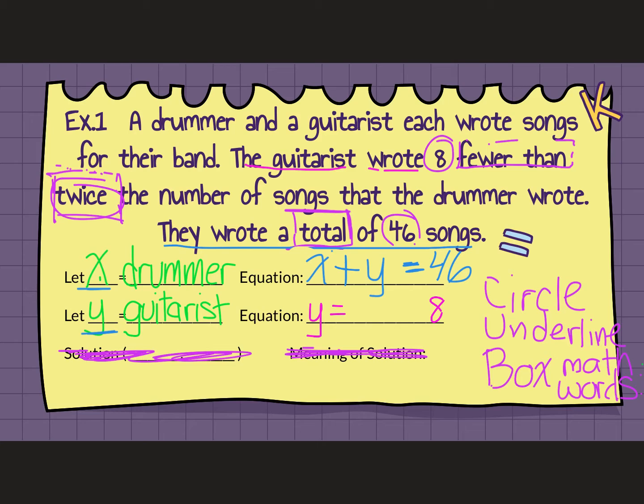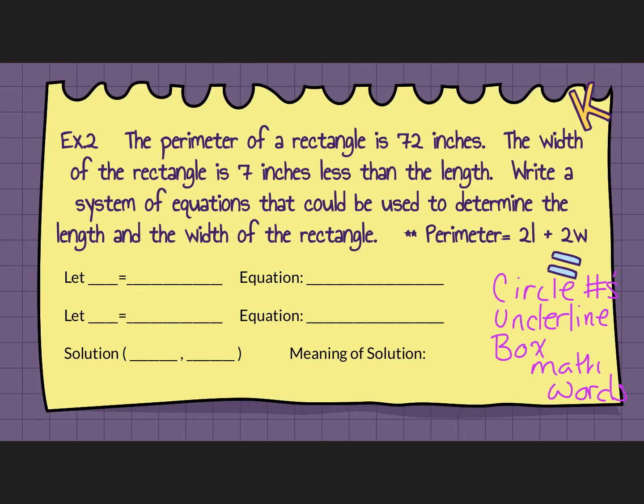So if I say fewer than, I know I'm subtracting. Twice the number of songs that the drummer wrote. Twice means we're multiplying by 2, and the drummer is X. So just like before, we are going to circle, underline, and box.